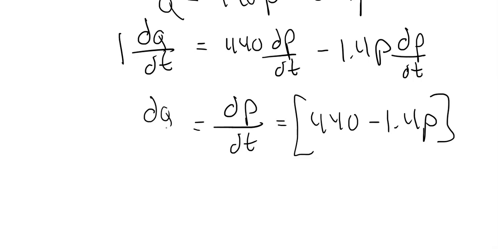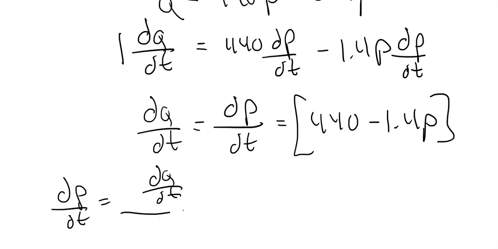So dP/dt is equal to dQ/dt all divided by 440 minus 1.4p. Well, we know what these are, so let's just plug them in. dQ/dt was given to us as 1849.